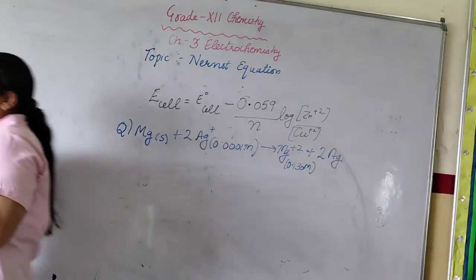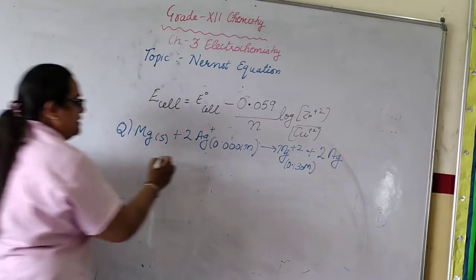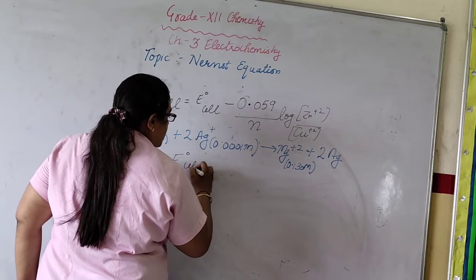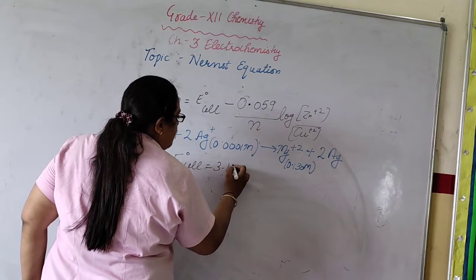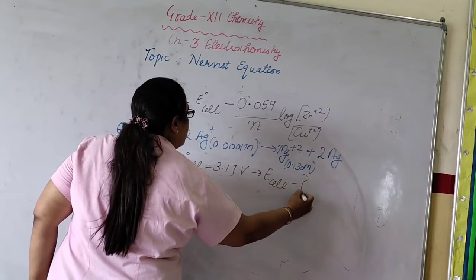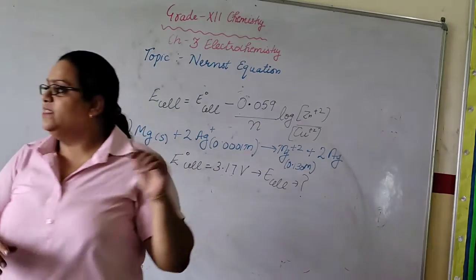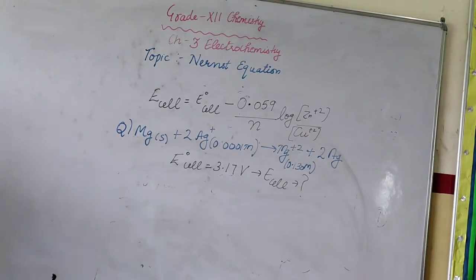E naught of this cell in standard condition is 3.17 volt. You have to calculate E cell. Just see this question and try to solve it, and think about which formula can be used.